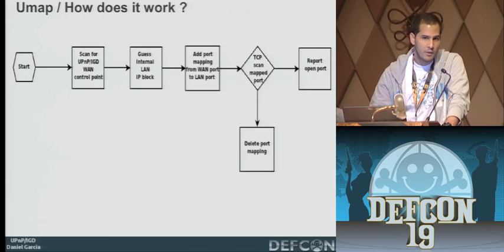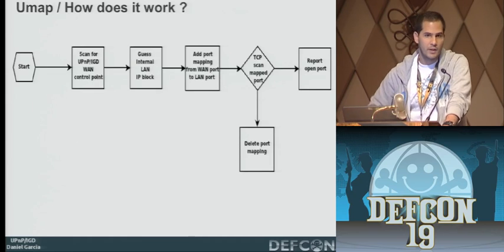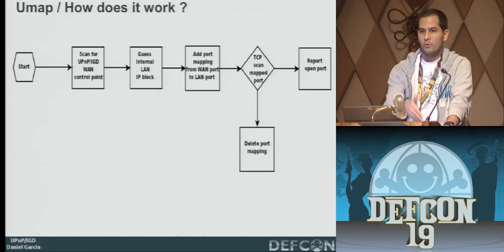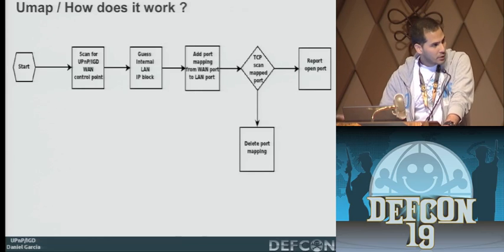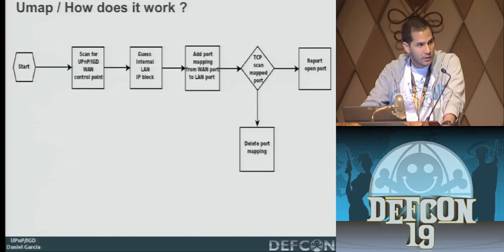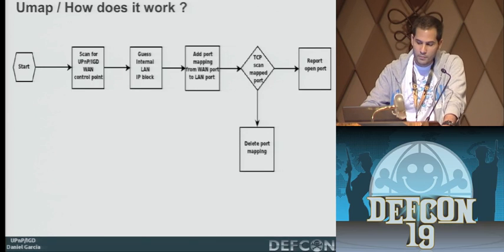Let's say if I want to scan port 21 of all the hosts on the inside of the LAN, it starts adding port mappings for 10.0.0.1 and 21, and then tries to map it to an external port. And then the program tries to check if that port is open, the external port on the WAN IP. If it's open, obviously you can establish the connection to the internal host and the internal services. And also, it does the deletion of the port mapping.